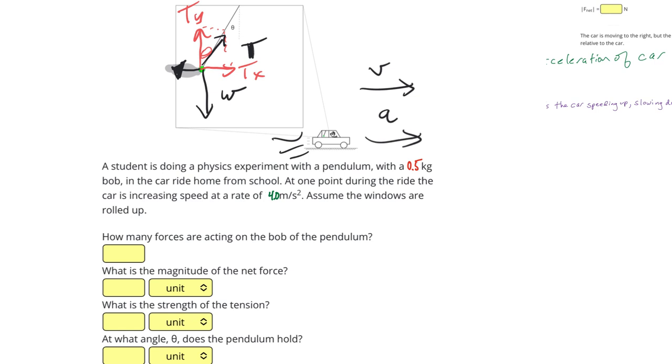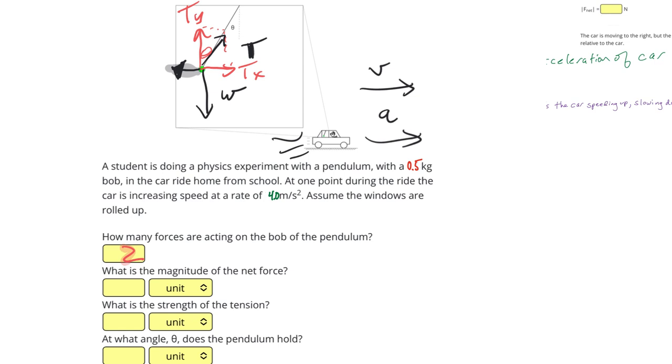Okay, but it seems to be like a force because the object is trying to remain at the same speed the car had before it accelerated. So let's pretend there is a force there, but really there's only two real forces acting on it, the tension and the weight. What's the size of the net force?